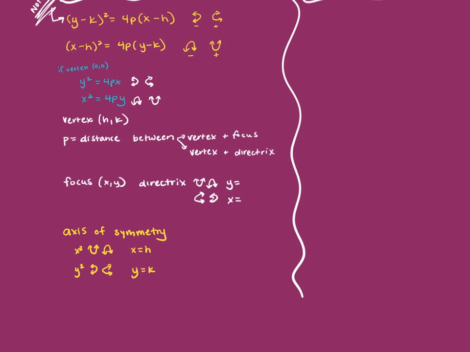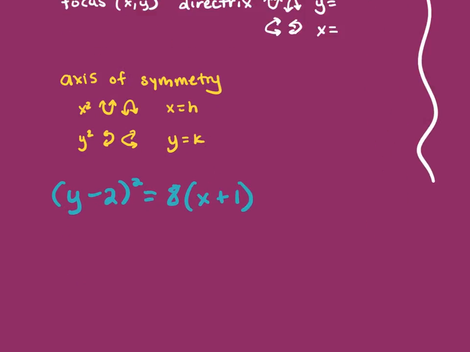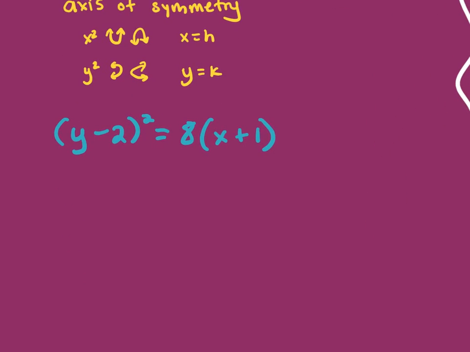So let's say I have an equation that says y minus 2 squared equals 8 times x plus 1. So it would have to be a plus h or plus k to give you a negative axis of symmetry. Correct. So my vertex here is negative 1, 2, right?